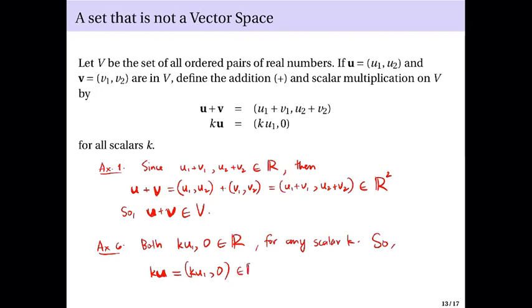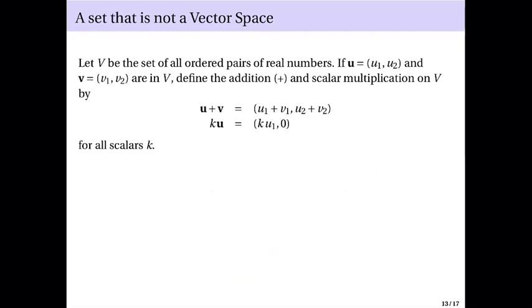This is an element of R2, or that ku is an element of V. So closure of scalar multiplication is also satisfied. Then you verify all the other axioms.